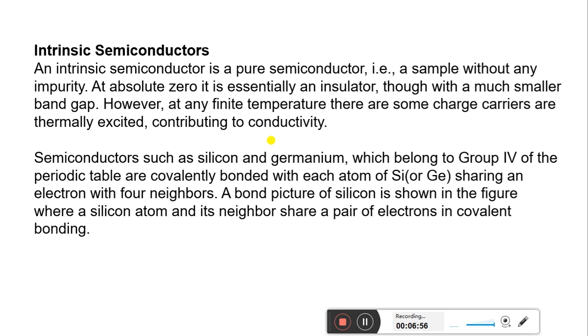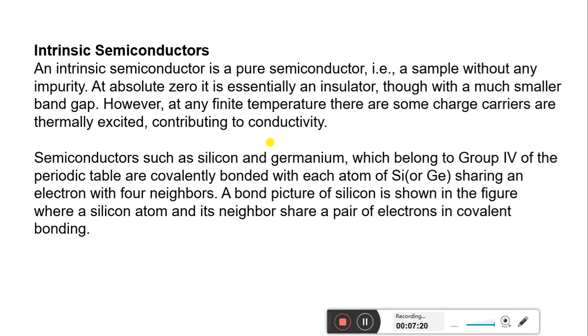Now let us discuss the intrinsic semiconductors. As we know, there are two types of semiconductors, intrinsic and extrinsic semiconductors. Extrinsic semiconductors are further classified as p-type semiconductor or n-type semiconductor.